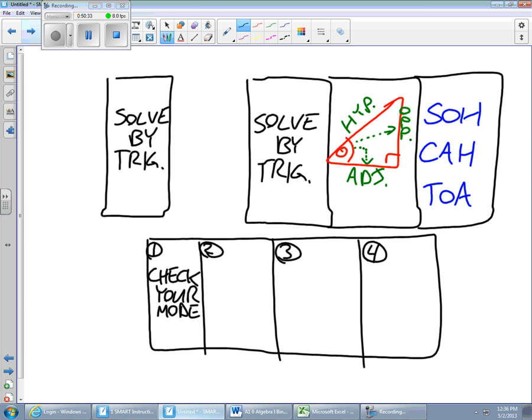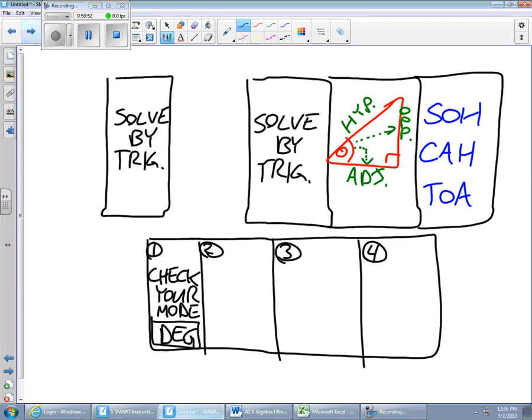Push the mode button on the calculator. It had better be in degree mode. Okay, if it's not in degree mode, then set it to degree mode. If it's not in the correct mode, anytime you push sine, cosine, or tangent, you are probably going to end up with an incorrect answer.